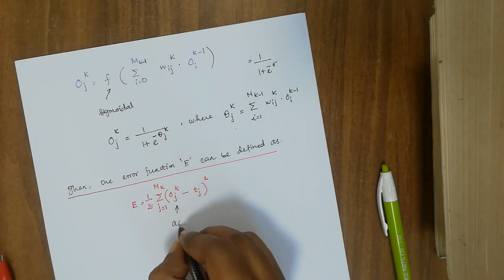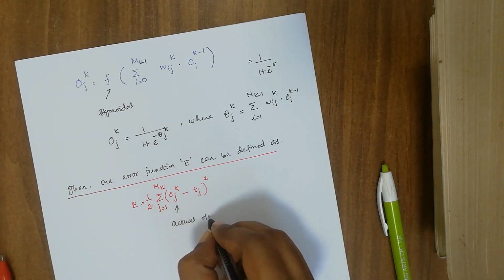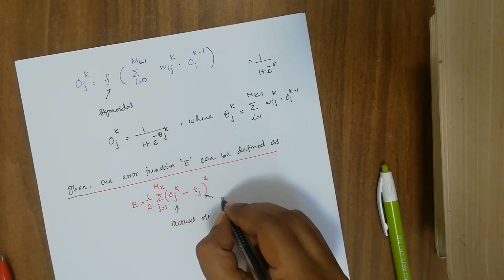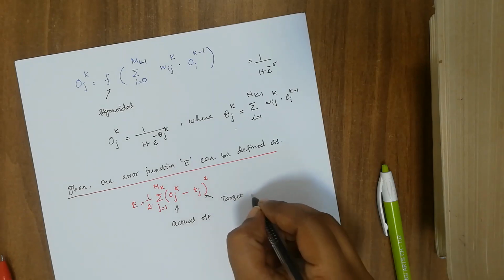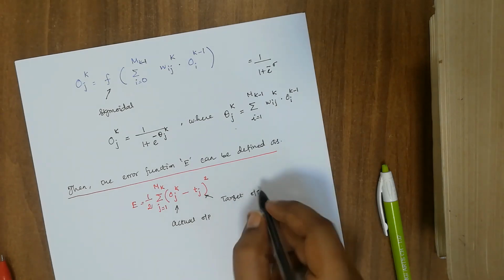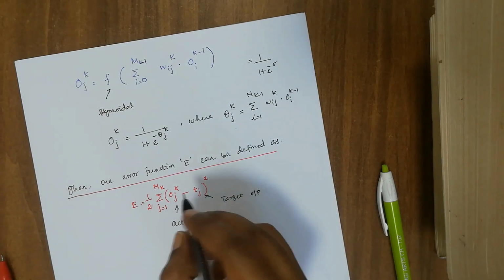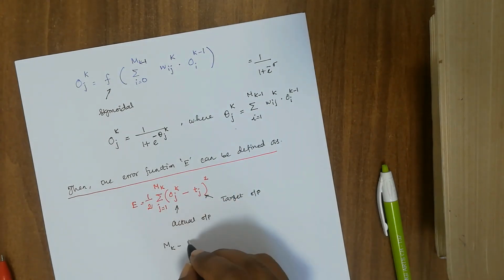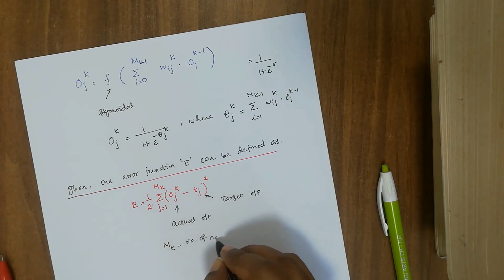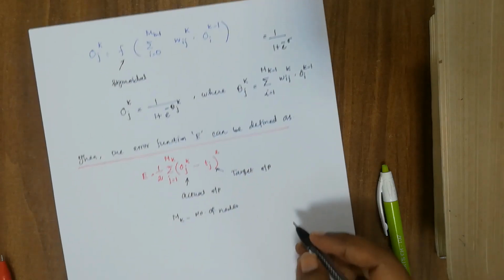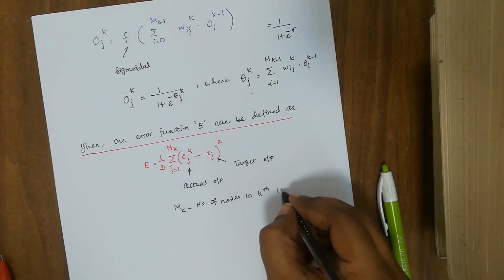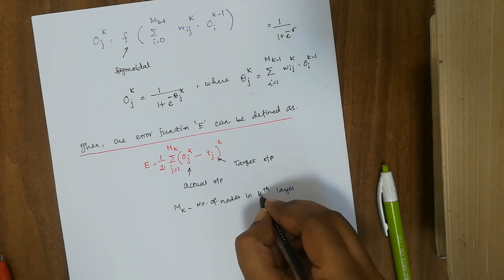This is nothing but the actual output of the kth layer, and this is the target output at the capital Kth layer. And Mk is nothing but the number of nodes in the capital Kth layer.